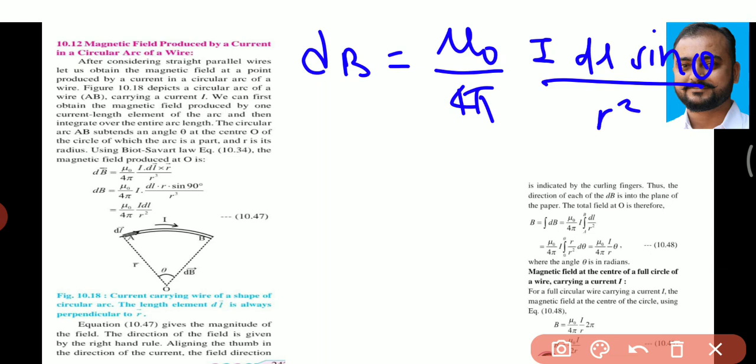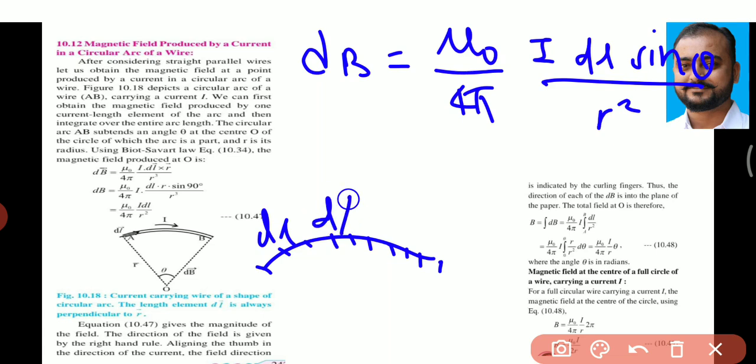Then to determine the magnetic field due to this arc, first we will divide the given arc into small elements of length dl each.